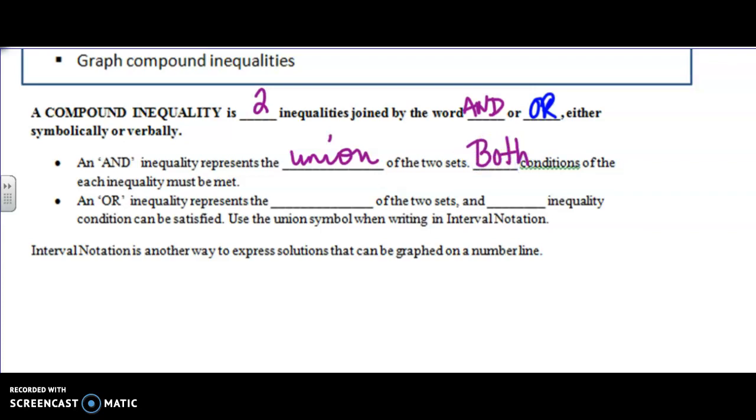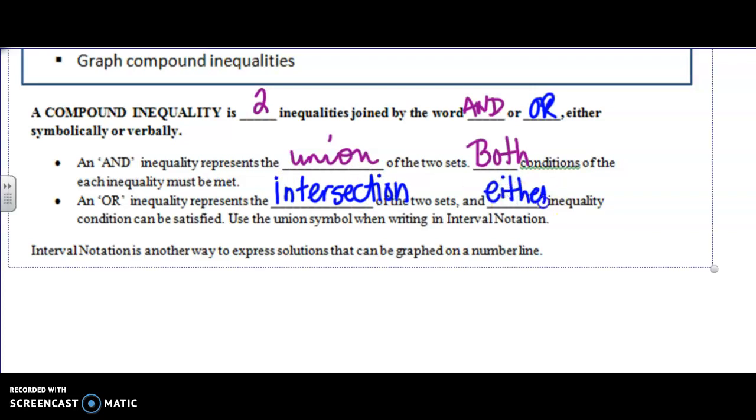Whereas an or inequality represents what we call the intersection of the two sets. And either of their conditions have to be met. So in the first situation, this union situation or an and situation, we always look for where they overlap one another.